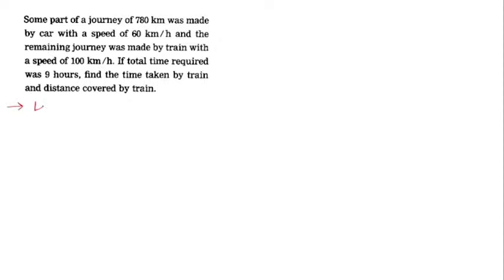So let the journey made by a car be x kilometers. मग याच्यावरून टोटल जर्नी आहे 780 किलोमीटर, त्यातले कारनं x किलोमीटर जर कव्हर केला असेल तर उरलेलं सगळं डिस्टन्स ट्रेननं केलेलं असणार आहे.